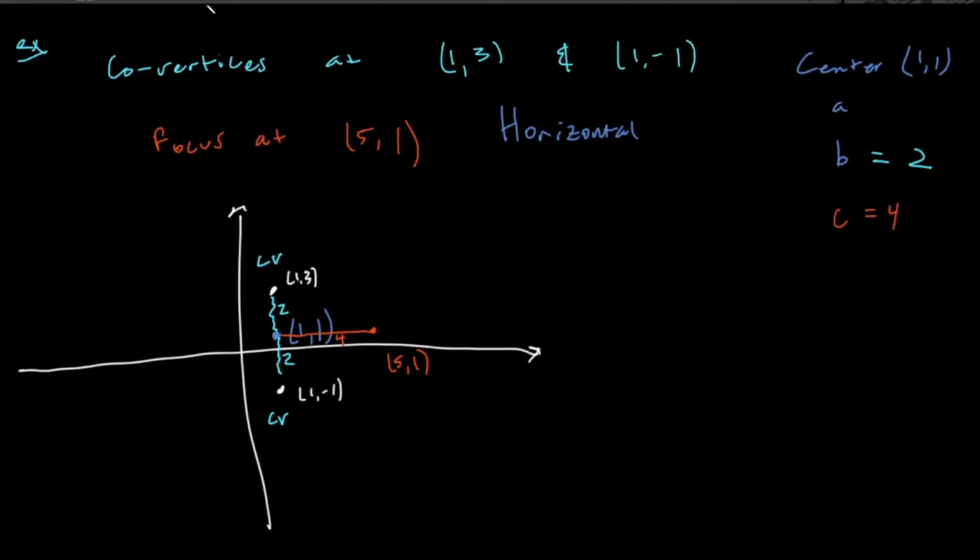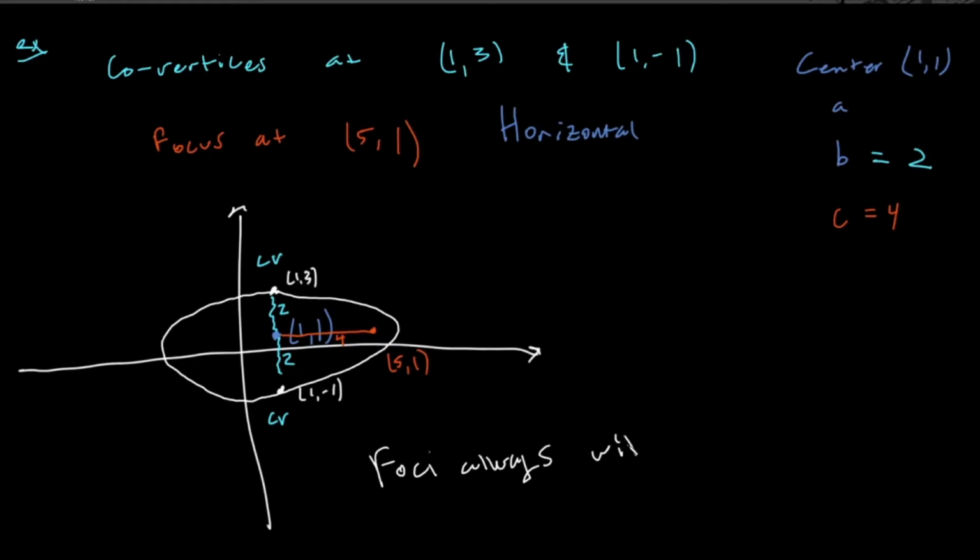And let me go ahead and just roughly sketch this ellipse. So wherever the major axis ends, it has to be after the focus. The foci always lie within the ellipse.